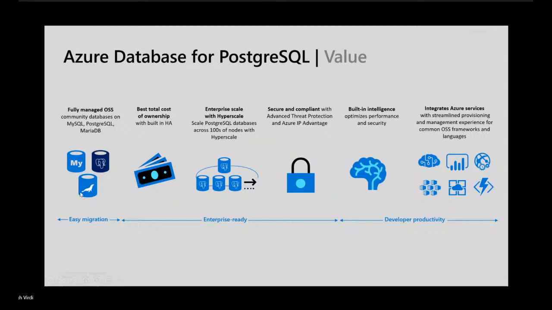What we offer on the community database is 4 nines of SLA in terms of HA, which means if you go for an Azure managed database, even a single database instance of Postgres comes with 4 nines of SLA, right? Which is a very good value proposition for people running Postgres on-prem, where they have to specially buy an Enterprise DB license only to manage an active-passive cluster to make sure the high availability is taken care of, right?